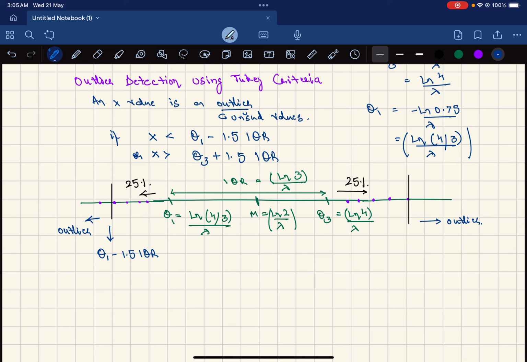For the exponential distribution, this can be calculated as ln(4/3)/lambda minus 1.5 ln(3)/lambda. So this is the left hand limit for an exponential distribution, and any value which is less than this value will be an outlier.